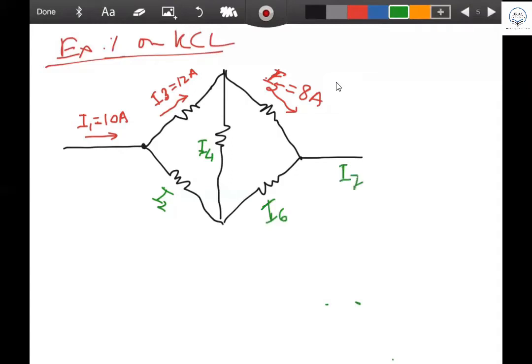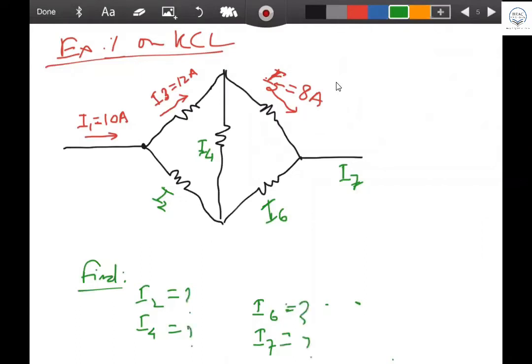Okay, the green current, you have to find the values of the green current. That means you have to find I2 equal to what, I4 equal to what, then I6 equal to what, and I7 equal to what. These are the values you have to determine using Kirchhoff's current law.